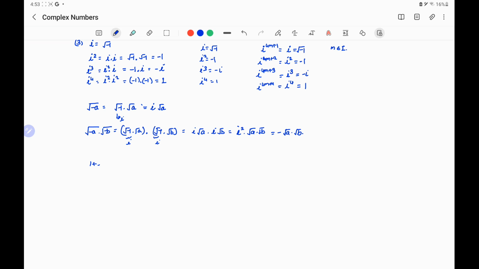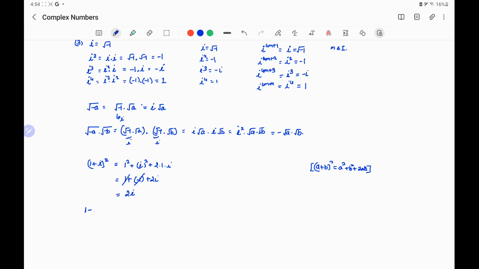Similarly, we can find the value of 1 plus i whole square. Using the identity that a plus b whole square equal to a square plus b square plus 2ab, we have 1 square plus i square plus 2 into 1 into i. It will be equal to 1 plus i square, which has the value minus 1, plus 2i, and this 1 and minus 1 get cancelled, so 1 plus i whole square will be equal to 2i.